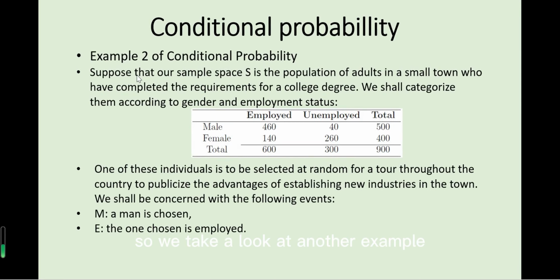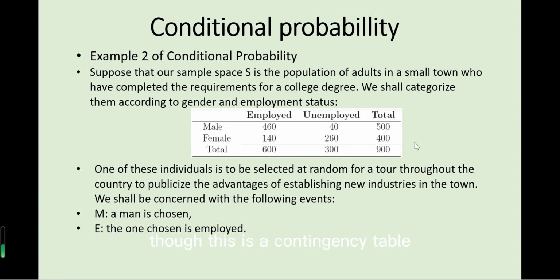Let's take a look at another example. Suppose that our sample space S is the population of adults in a small town who have completed the requirements for a college degree. We categorize them according to gender and employment status.